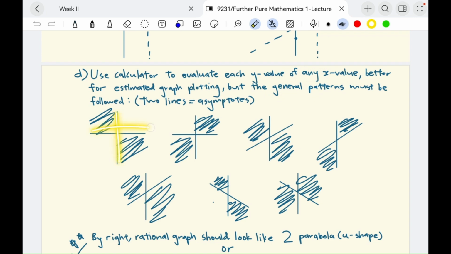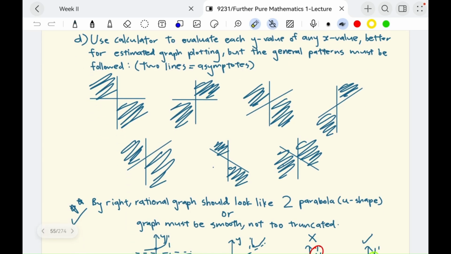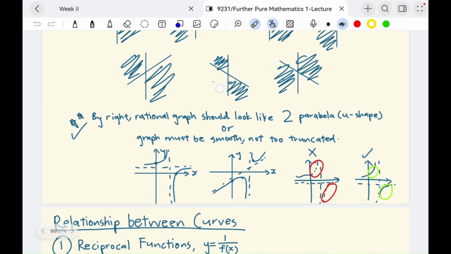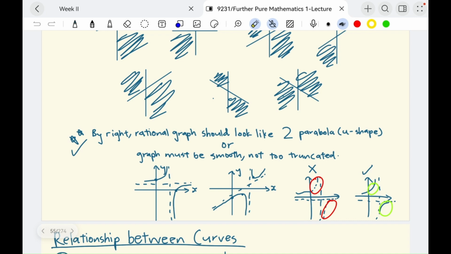So where these two lines are the asymptotes, where should the graphs exist? They are opposite to each other, as I have mentioned before for the basic reciprocal function concept. Alright? So here are the general patterns of the RF that should be obeyed. Okay? So by right, the RF graph should look like two parabolas or two catapults.